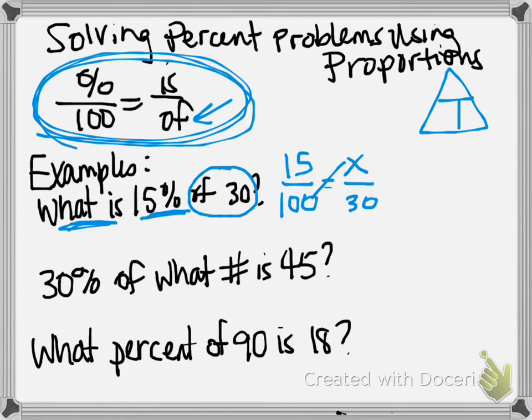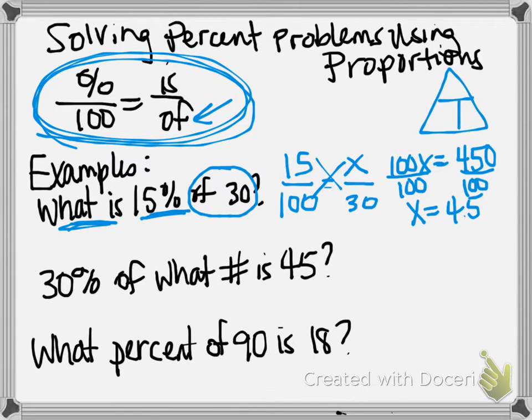You have 100x equals 15 times 30, which is 450, sorry. Divide by 100, you get x equals 4.5.